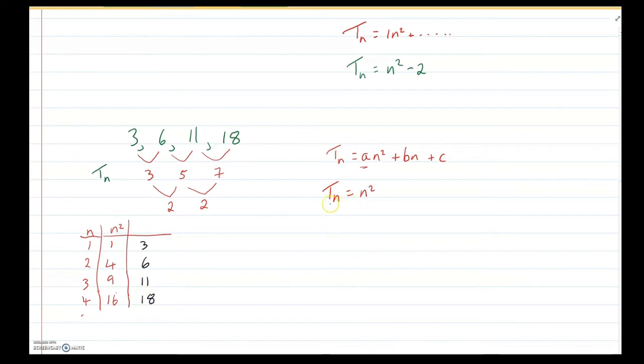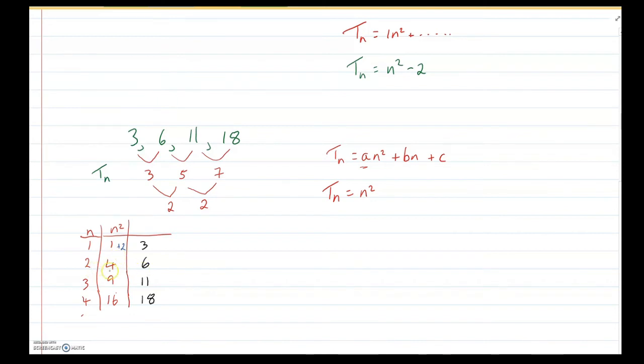So if Tn is given by n squared, n squared will get you to this point here. What do I then have to do to this number to get to the actual first term? You can see that I have to add 2 onto it.